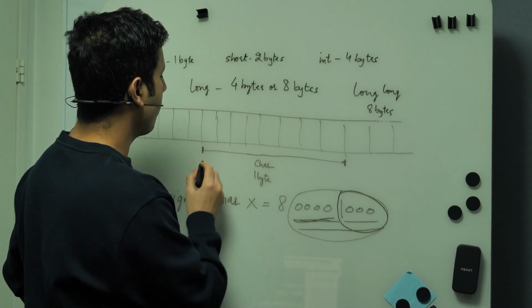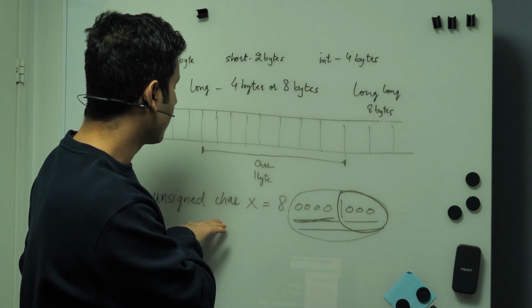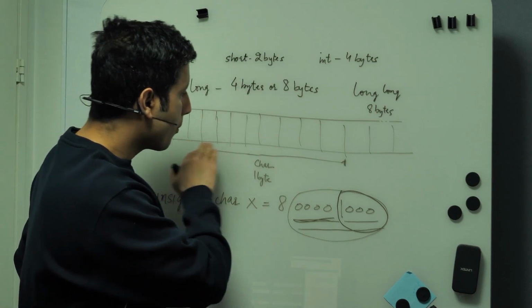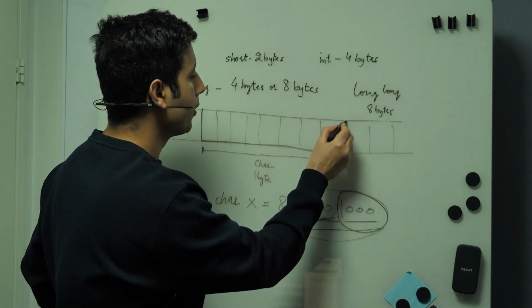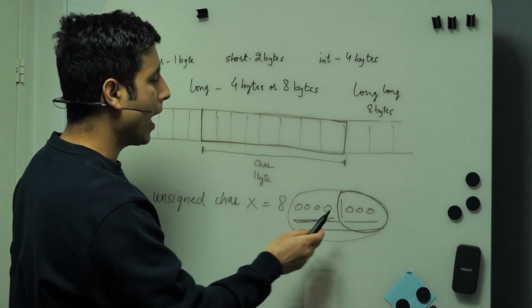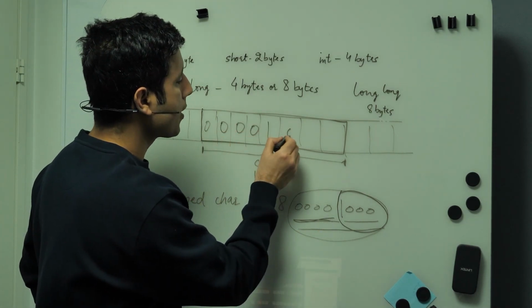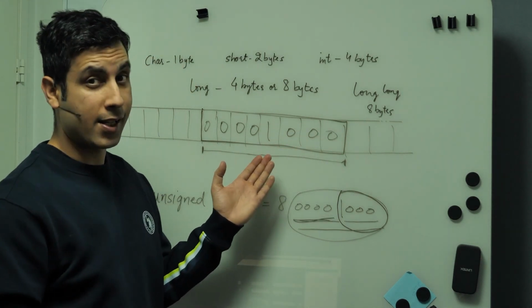So if for example in our program we had this declared, and in our memory this is the location of this variable, then the value stored would be 0 0 0 0 1 0 0 0, and that would be 8, and that's unsigned encoding.